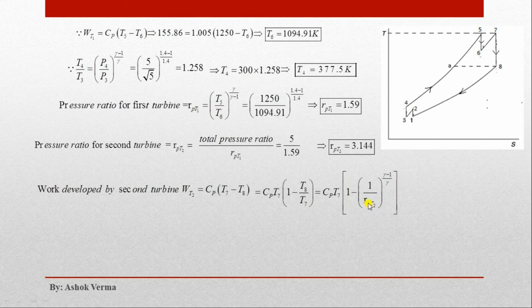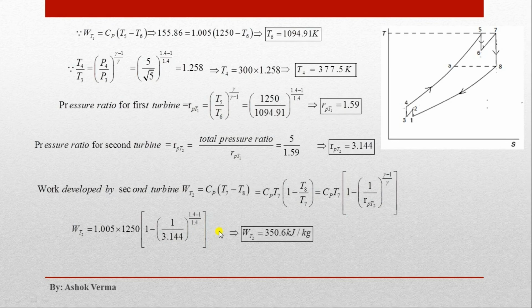T8 by T7 will be equal to 1 by RPT2 to the power gamma minus 1 by gamma, since T7 by T8 is equal to RPT2 to the power gamma minus 1 by gamma. After putting this value, you will get WT2, which will be equal to 350.6 kilojoule per kg.